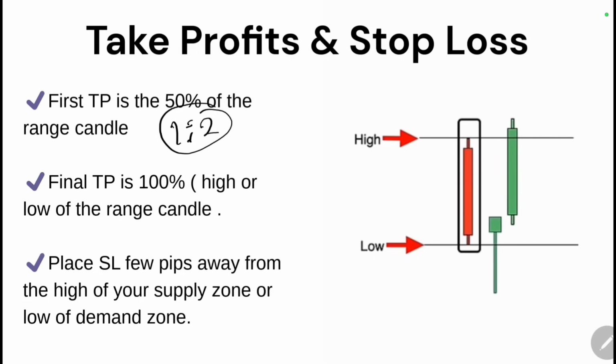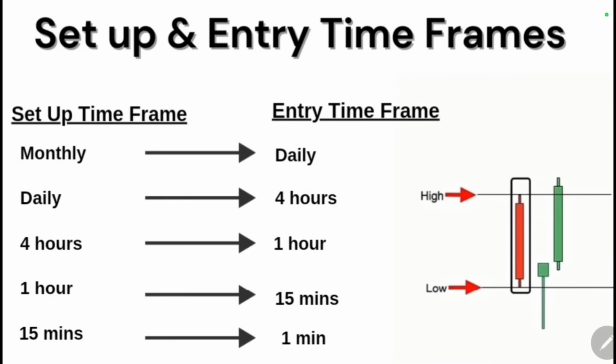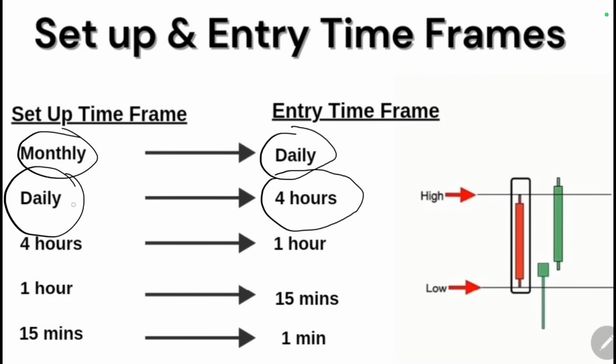You place your stop loss a few pips away from the high of your supply zone or the low of your demand zone. For your setup time frame and entry time frame, if you are using the monthly time frame as your setup time frame, then it's advised to use the daily time frame as your entry time frame. With the daily time frame as your setup time frame, your 4 hour time frame should be your entry time frame.